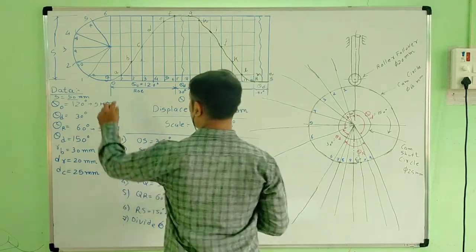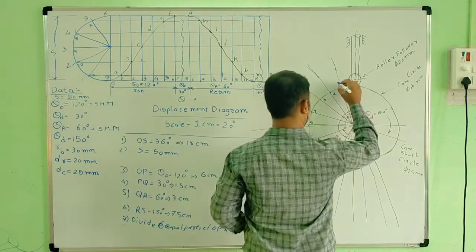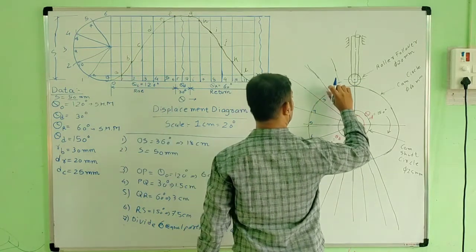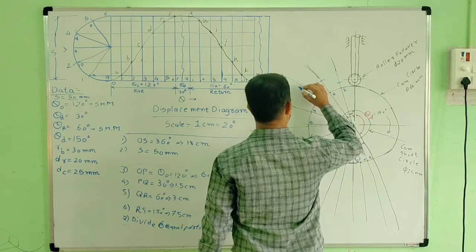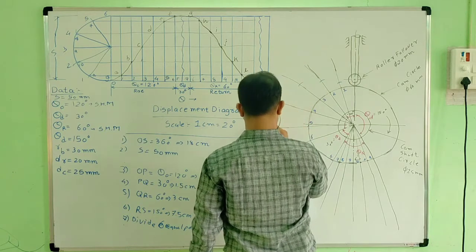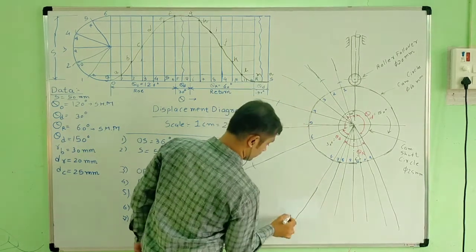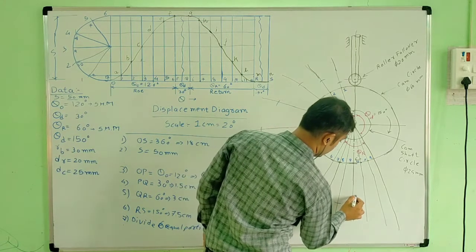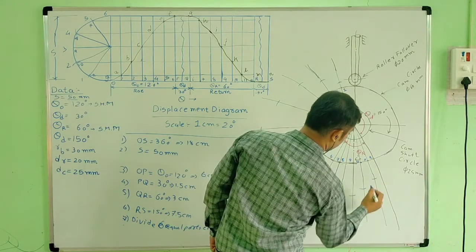Okay. Then we measure 1A and make R here. 1A. Measure 2B, put the point 2 and make R. Then 3, then 4, then 5, then 6, then 7, then 8, then 9, then 10, 11.